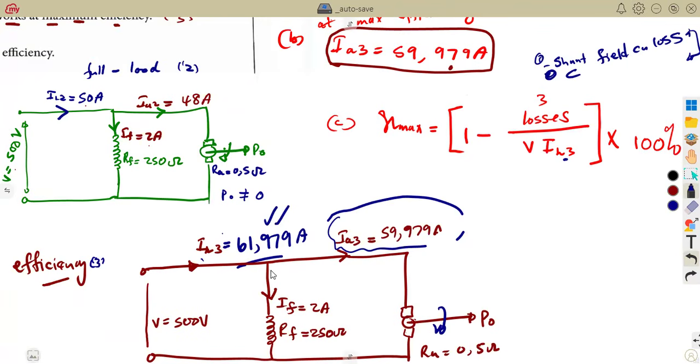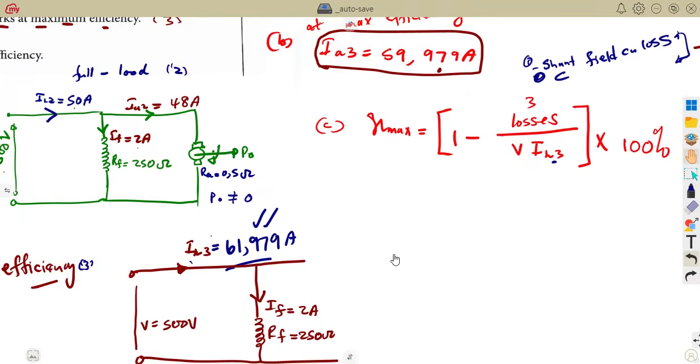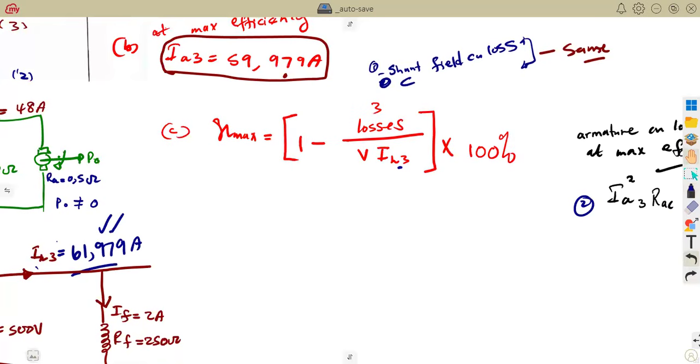Even not knowing this diagram, knowing that the load current is equivalent to the armature plus the field on a motor, there's no need for these diagrams. But for the revision sake, I have to make sure that all of us are on the same page.